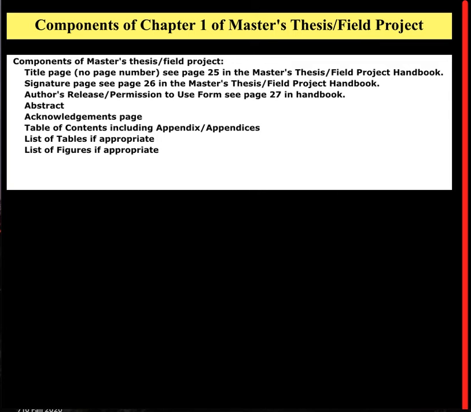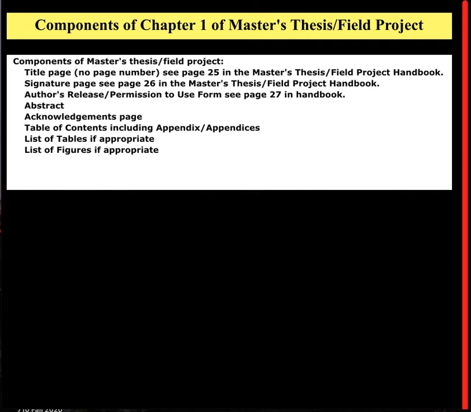On your screen, you see the components of Chapter 1 of your master's thesis or field project. Now, whether you are doing a thesis, scientific study, or a field project, either one, your first 8 pages will be exactly the same.